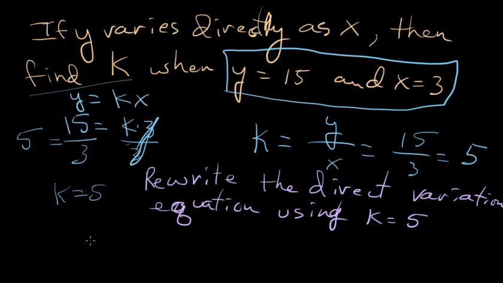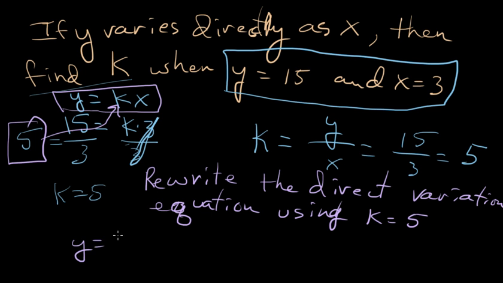So I'm going to rewrite the direct variation equation. Instead of writing y equals kx, I'm going to substitute 5 for k, okay? So I've got y equals 5x. That's my direct variation equation, okay?